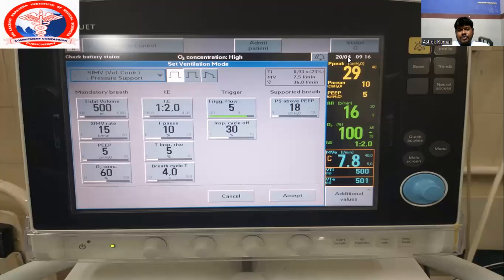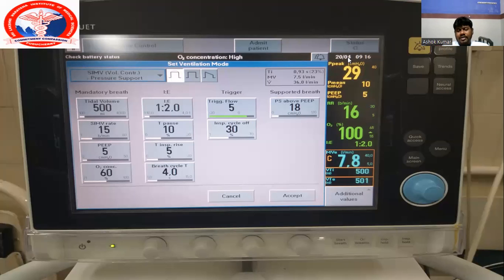This is the image showing synchronized intermittent mandatory ventilation, which is the volume circuit. These are the parameters to be adjusted before connecting the ventilator to the patient. First is tidal volume, around 500, then synchronized intermittent mandatory rate around 15, PEEP around 0 to 5, and FiO2 more than 21%.